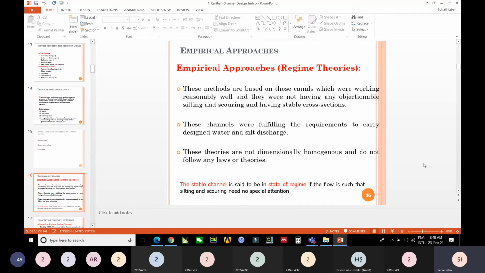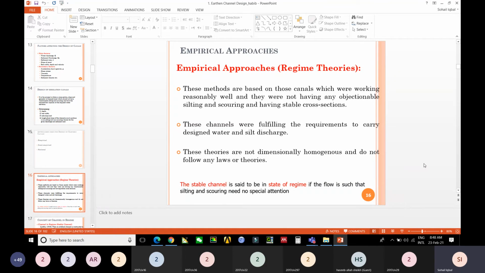The empirical approaches are totally based on the regime theories. What are the regime theories? The scientists provided approaches based on their own experience, that is, if you provide these factors, then the scouring and silting phenomena will be minimum.